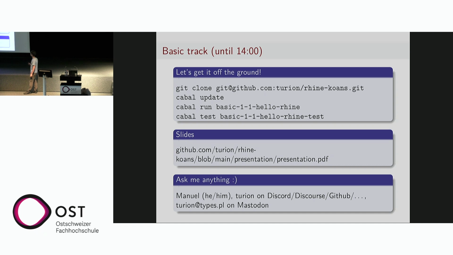So there are many little executables, and they're all organized like this. This is the name of the track, like the basic track. We'll learn some basic things, how clocks work, how signal functions work, and so on. And it has 3 chapters, and each chapter has 3 to 10 problems in it. And when you run that, it will fail at the beginning, because it's your job to fix it.